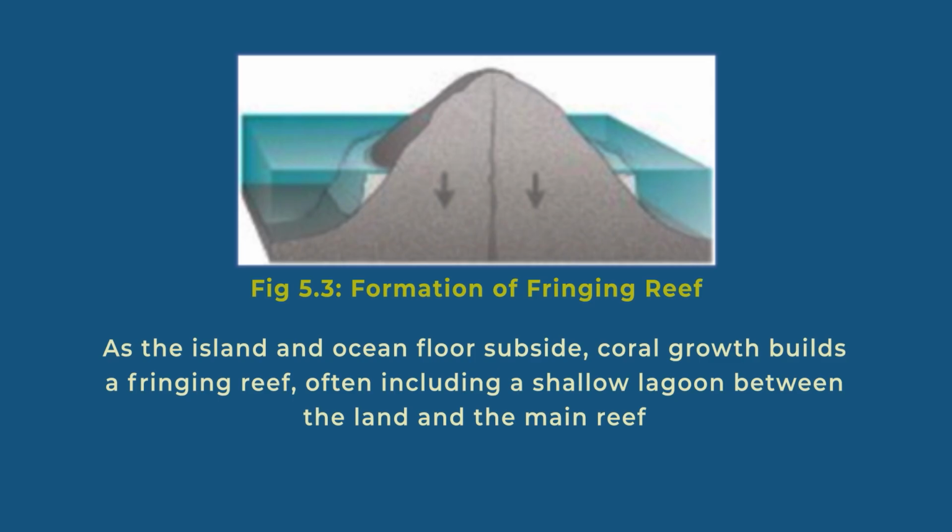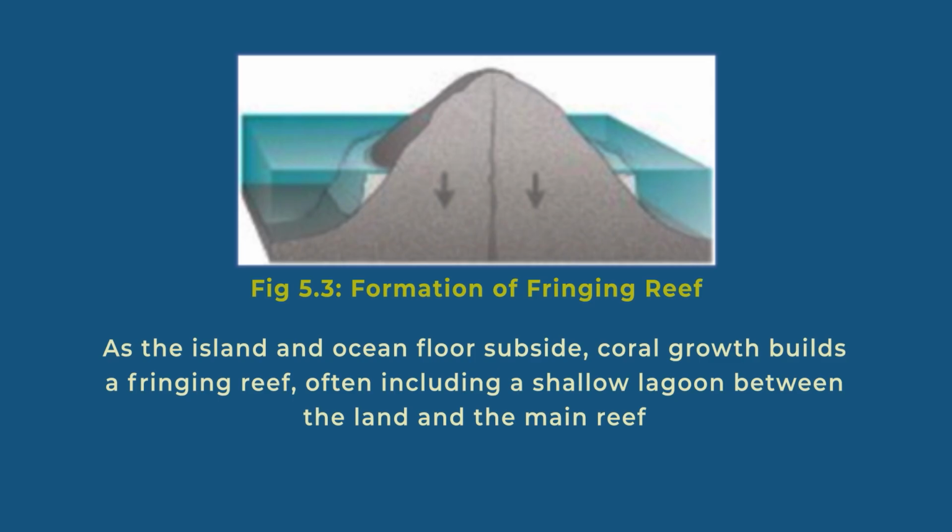The extinct volcanic mountain at the center gradually subsides. It could be due to the subsidence, could be due to the weight of the corals, it could be due to the erosion of the island itself, or it could be any other subaerial denudational processes.